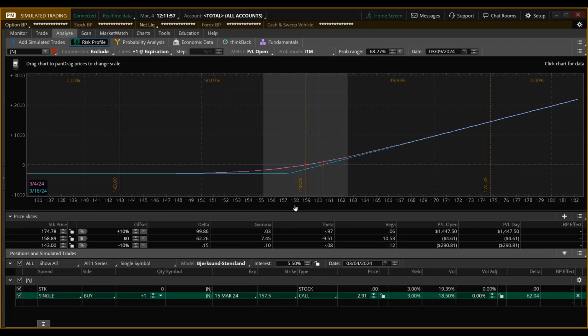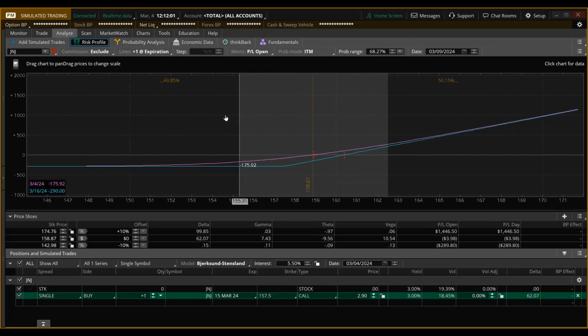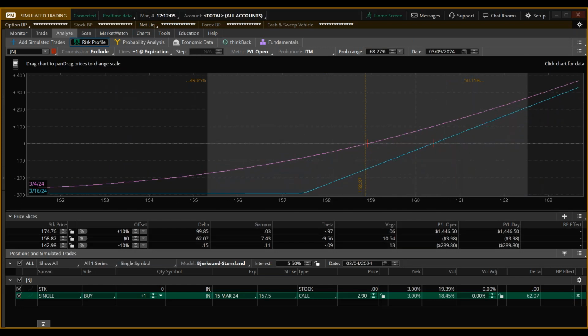The risk profile, let me zoom in on this. Okay, there's the risk profile. There's $290 at risk, and there's a break-even point up here. And if we were to hold this position all the way to expiration day, that represented by that blue line, that would be right there at break even, because why?